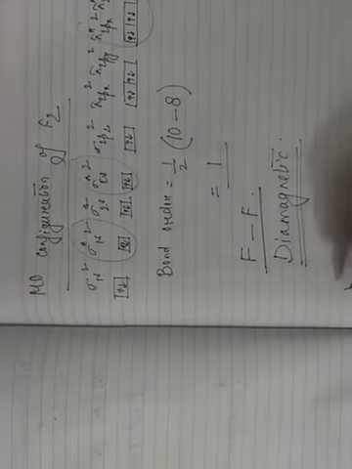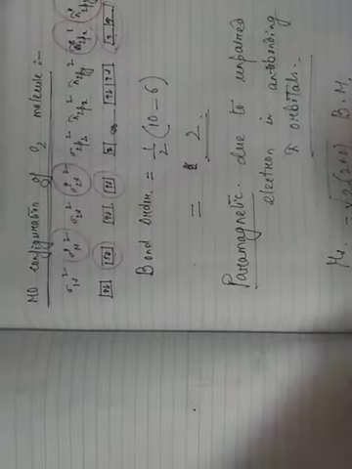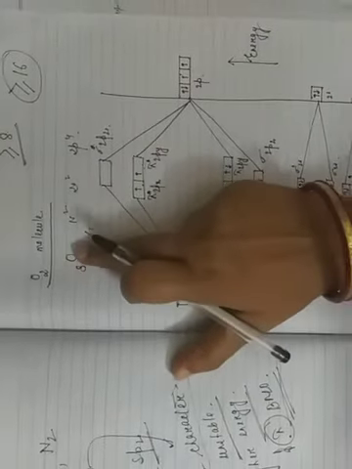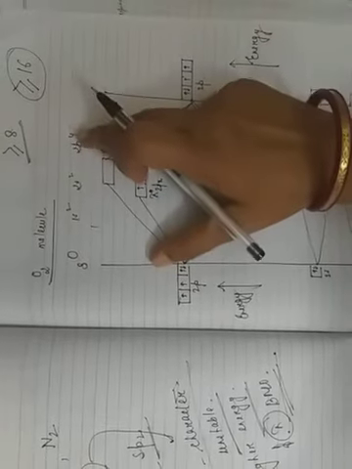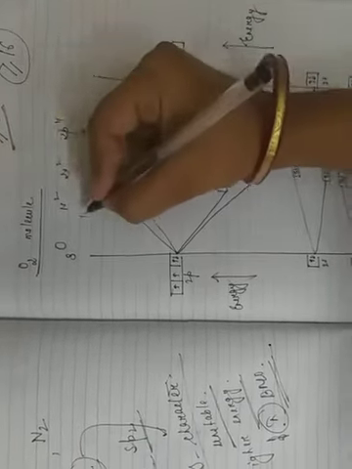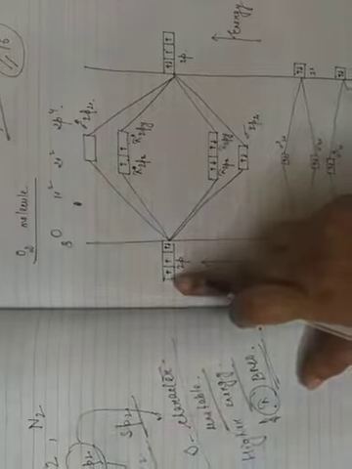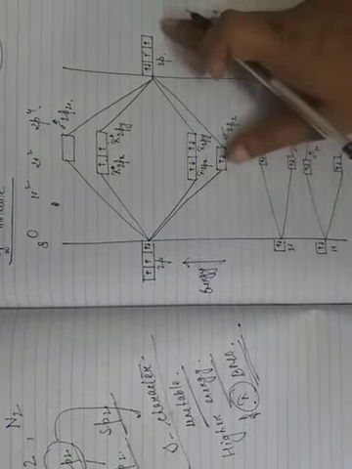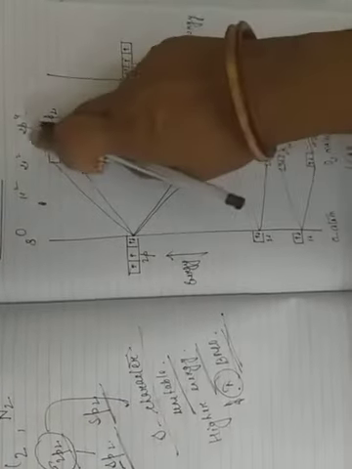Now let's see lastly the neon molecule. Neon has atomic number 10, so this is 1s2, 2s2, 2p6. All the 2p orbitals would be completely filled, and in case 20 electrons are there, all these 10 molecular orbitals would be completely filled.